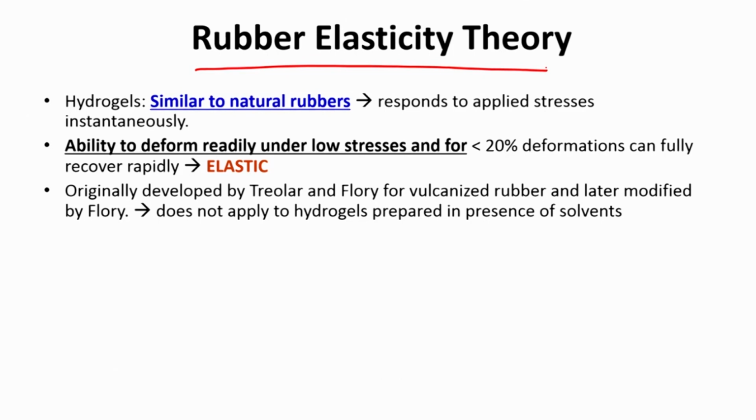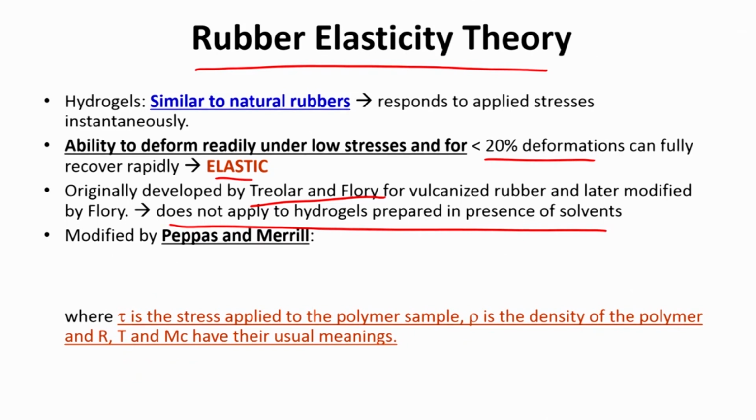For deformations which are less than 20%, we can say that these are elastic deformations. This was originally developed by Treloar and Flory for rubber, and then was later modified by Flory to reflect it for hydrogels. As I said, that theory was developed initially to reflect the change in the absence of solvents, and then it was further modified by Peppas and Merrill.